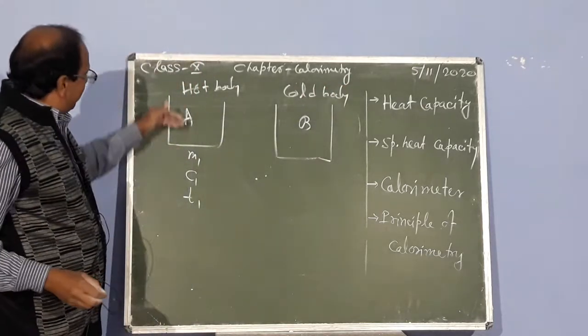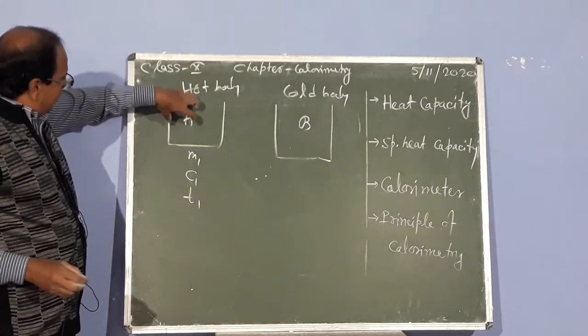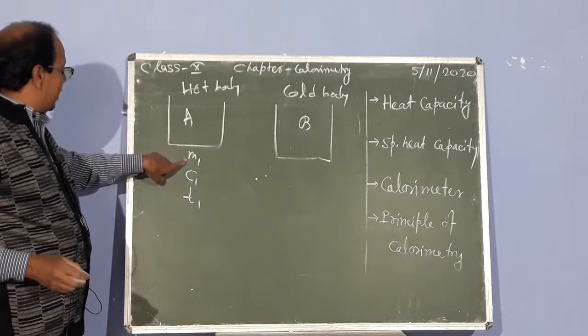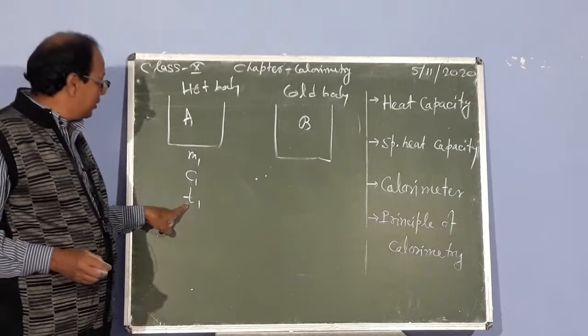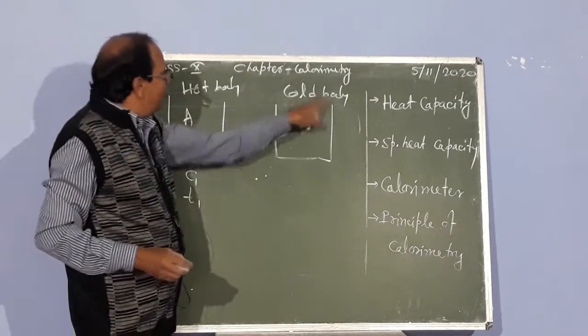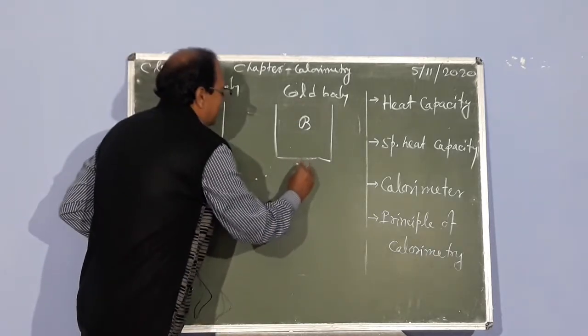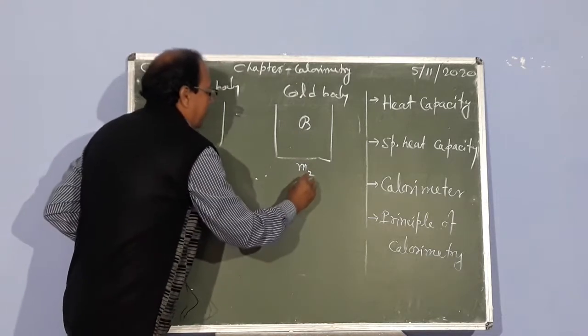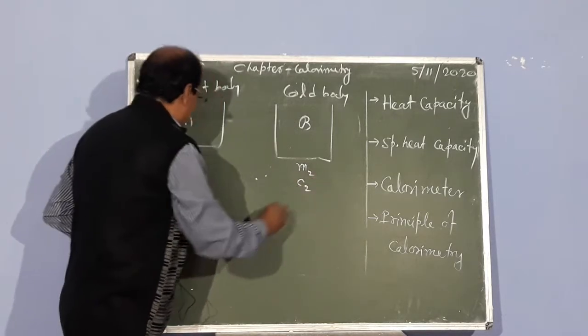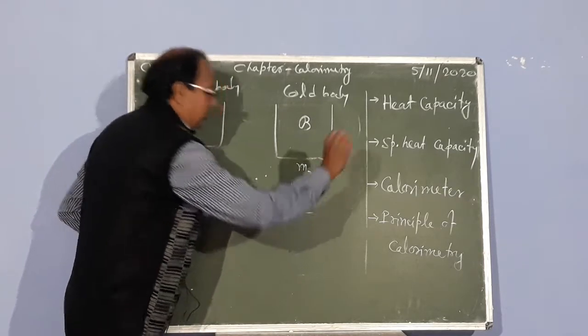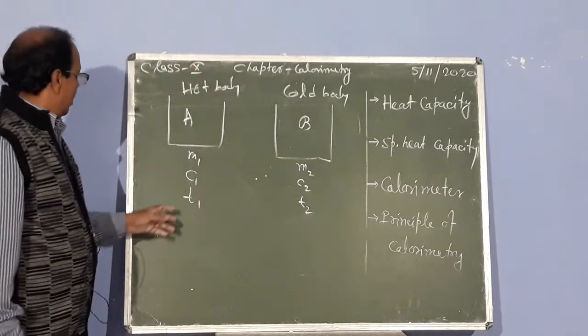Now for object A we have considered mass M1, specific heat capacity C1 and initial temperature T1. And for the cold body, let's think of mass M2, specific heat capacity of the substance of body B is C2, and the initial temperature T2.